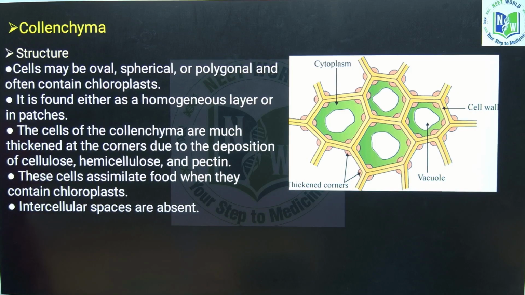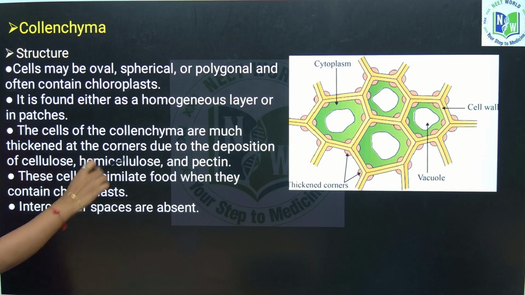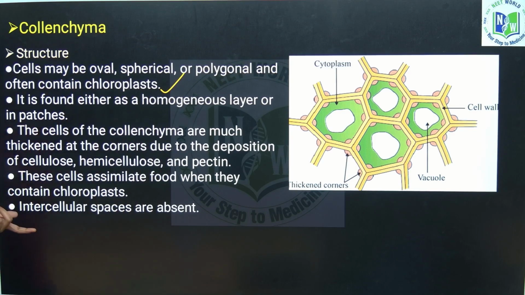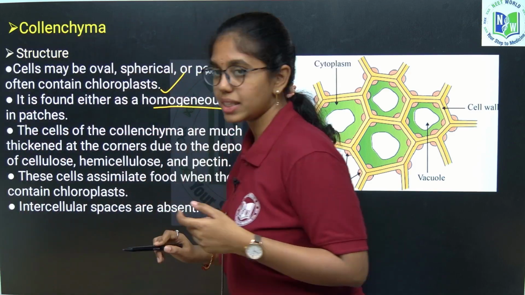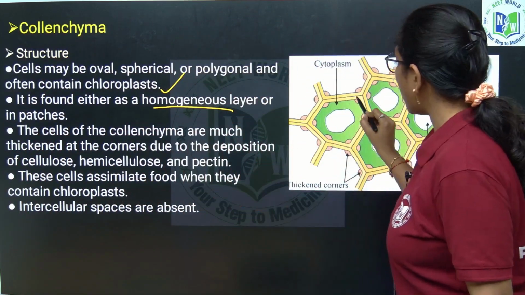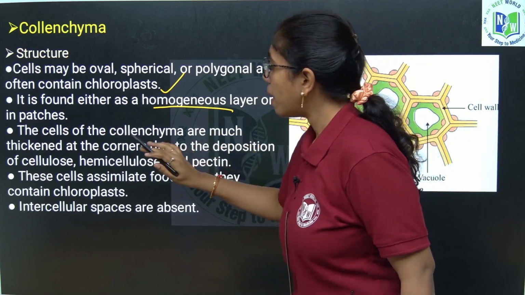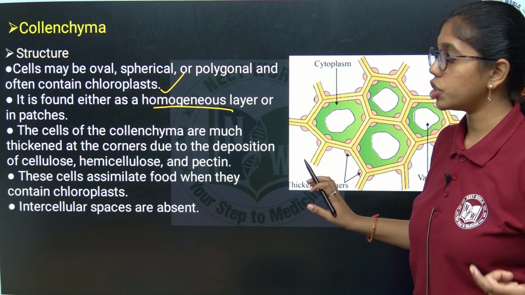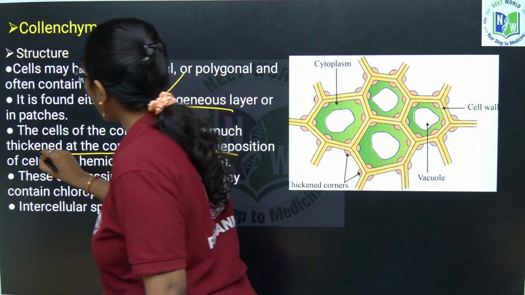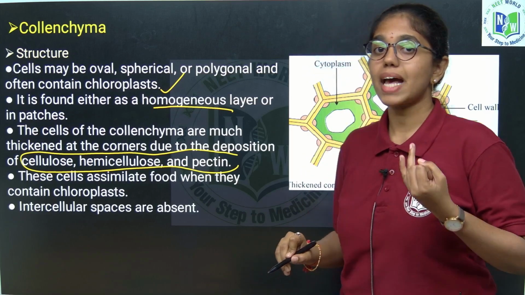Now, collenchyma. If you look into the structure, cells may be oval, spherical, polygonal, and often they contain chloroplasts. It is found either as a homogeneous layer or in the form of patches. The cells in collenchyma are much thickened at the corners, and the cell wall composition is very important. You have to remember it includes cellulose, hemicellulose and pectin.